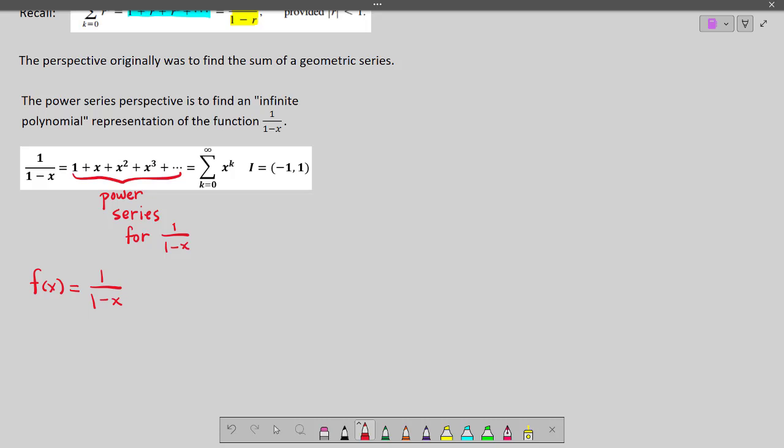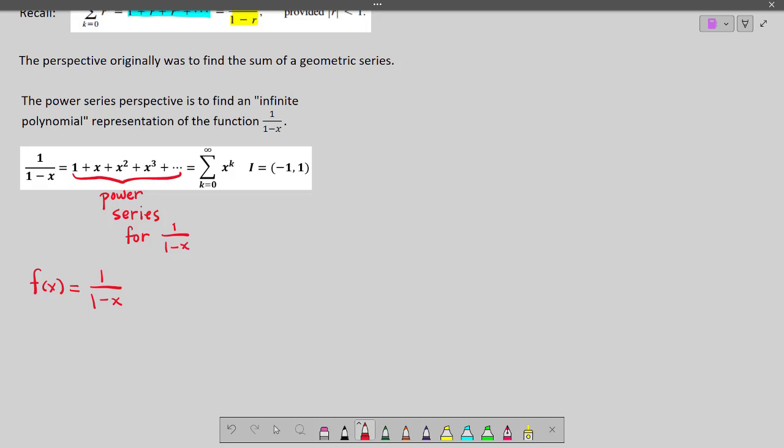And you can verify this. You could take the first derivative, take the second derivative, take the third derivative, plug in the center, and what is the center here? Do you see an x minus anything? 0. It would have to be an x minus 1 if the center was 1 in all these x positions.